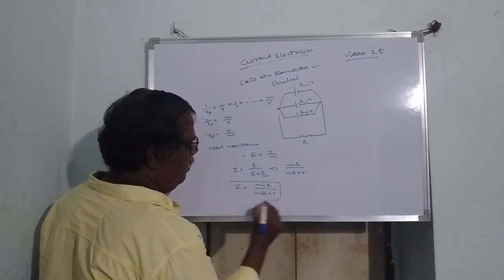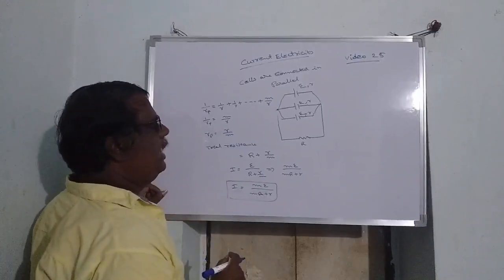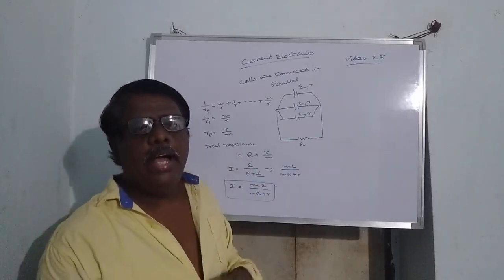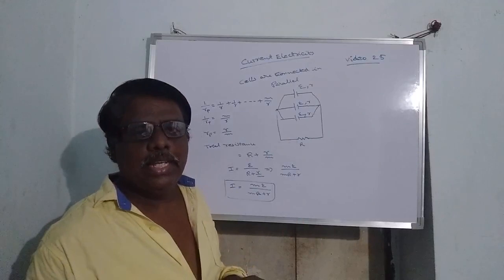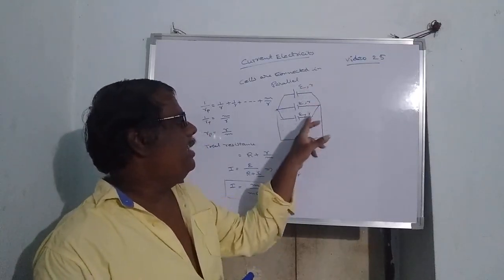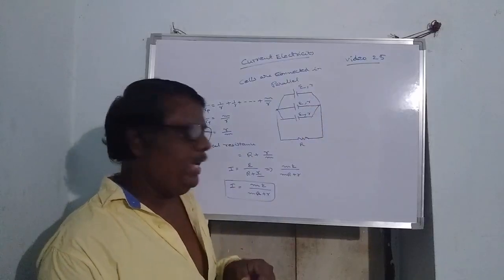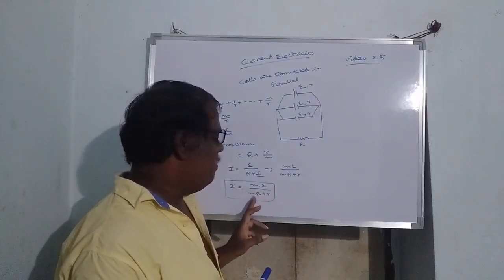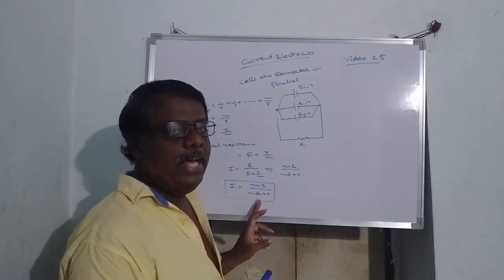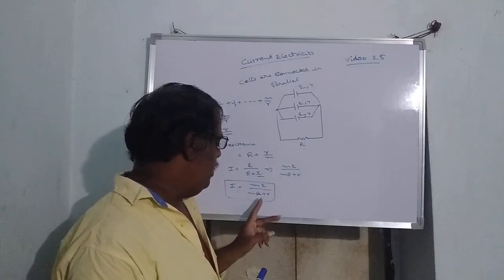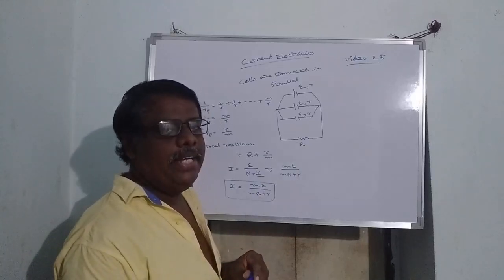In this way we have to calculate the current in the circuit when m identical cells are connected in parallel with internal resistance r and EMF E. In this situation total current I is equal to mE by mR plus r. Here R is the external resistance connected in the circuit, r is the internal resistance of the cell.